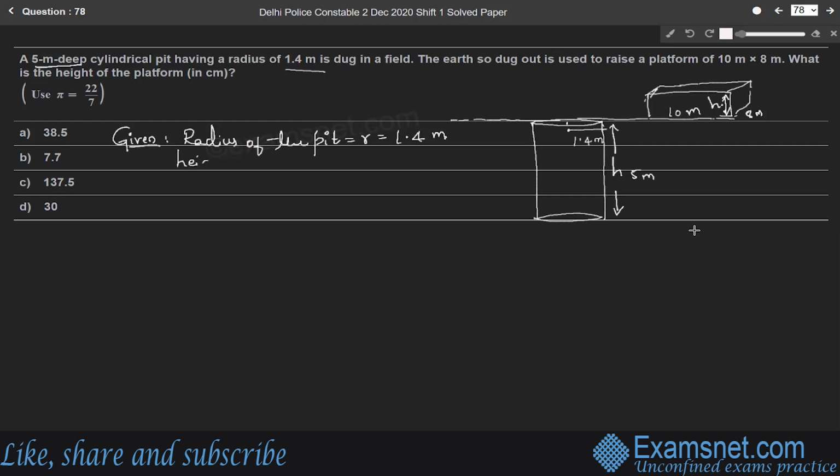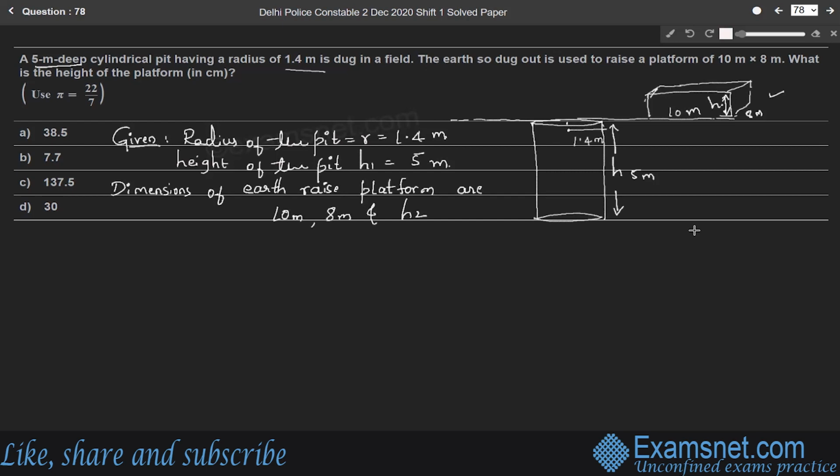So height of the pit, we'll consider this as h1, is 5 meter. And the earth raised platform, dimensions of earth raised platform are 10 meter, 8 meter, and the height we have to calculate, h2.